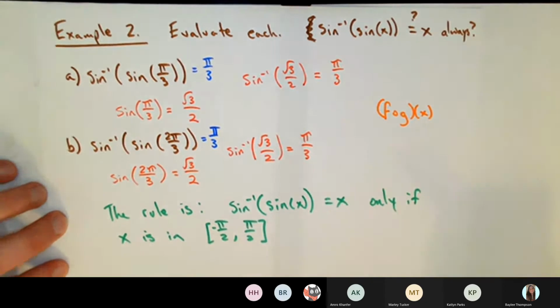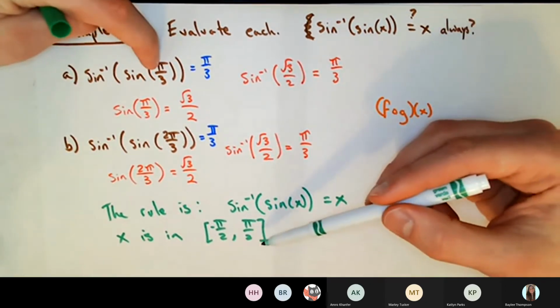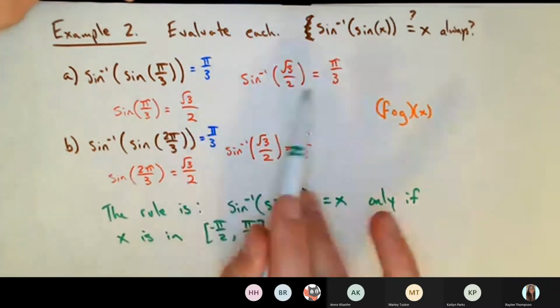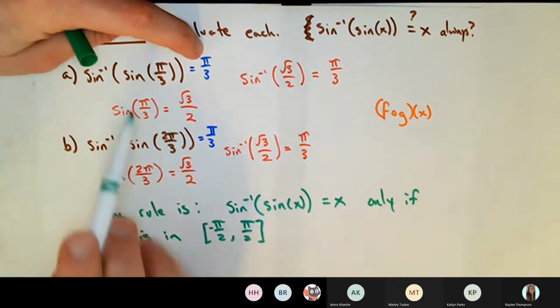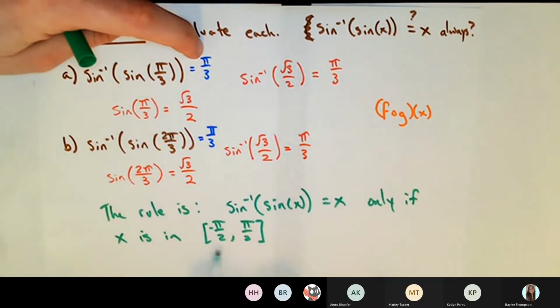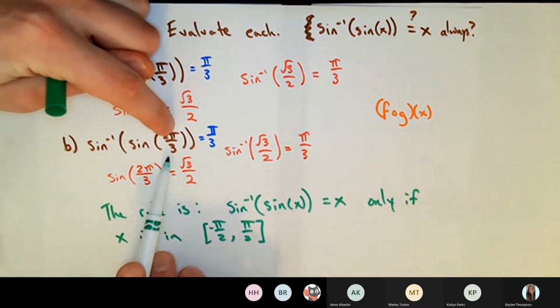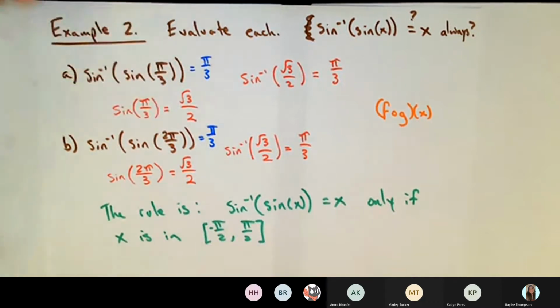So it worked for part A because that pi on 3 input is in that range. So it just popped out. All the work we did in between is not necessary. You can just write that input if the input angle is already in the range of sine inverse. If it's not, like 2 pi on 3, which is not in this range, then you've got to do the work in between to make sure you're getting the right output.